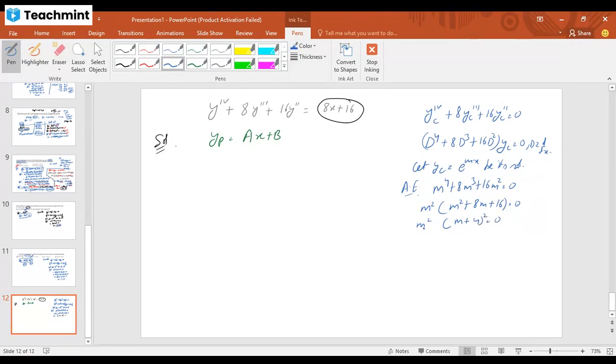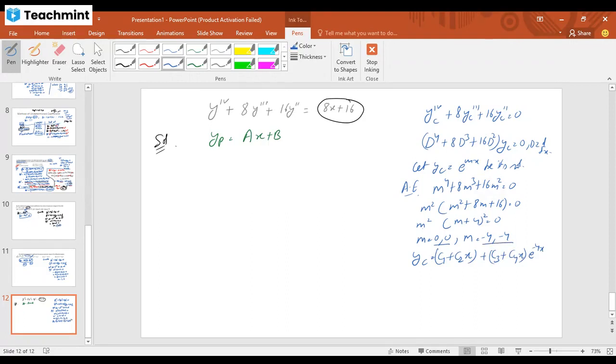So m squared equal to 0 means m equal to 0, 0. And here m equal to minus 4 and minus 4. So the solution is c1 plus c2x corresponding to this repeated root, and c3 plus c4x times e to the power minus 4x corresponding to this repeated root.